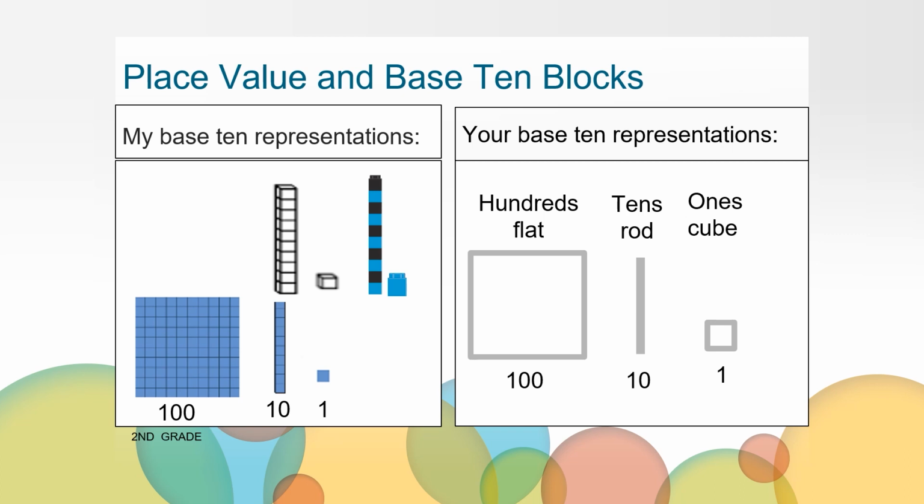Make sure you are careful about the size differences between your hundreds flat and your 1 square. There's no need to get fancy trying to draw the lines like the ones that are on my computer images. Remember, use the simple pictures and show your thinking and understanding as we work today.